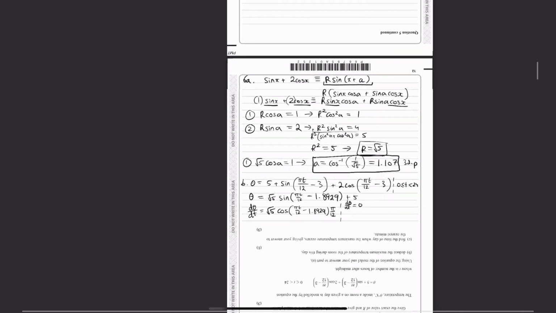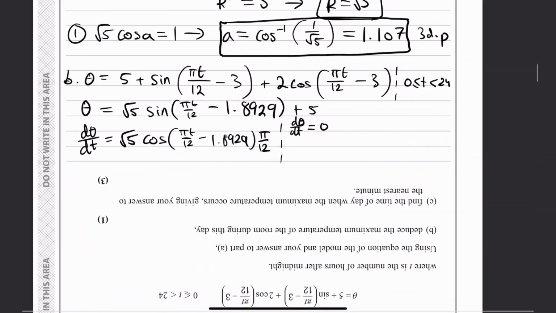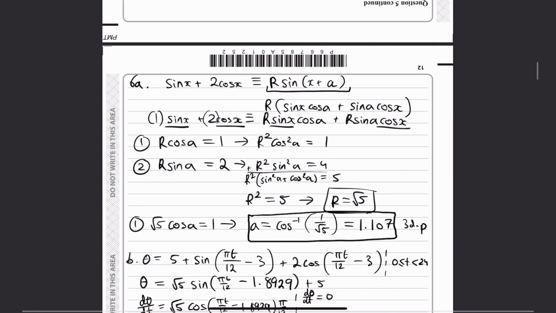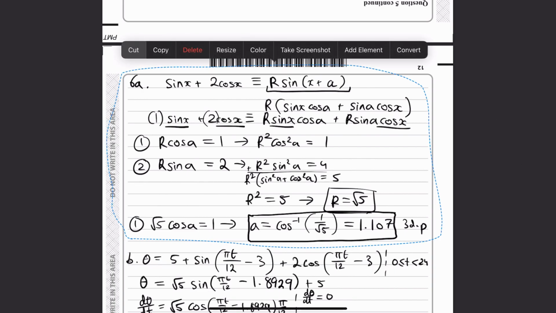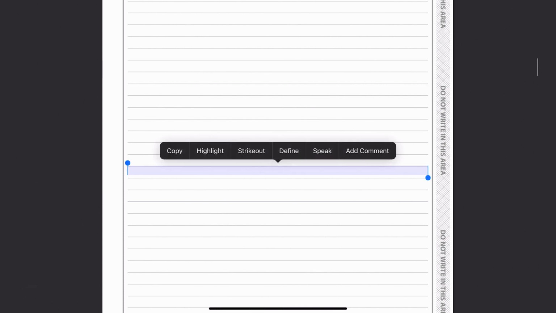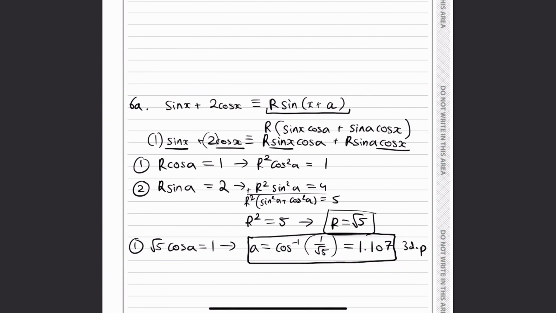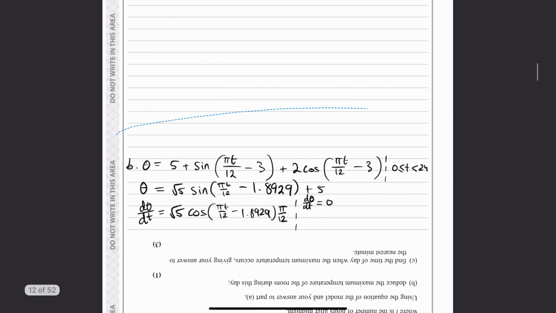I should have given myself more room. Let me move this stuff up here. Okay, here we go. Now I have more room to work with.